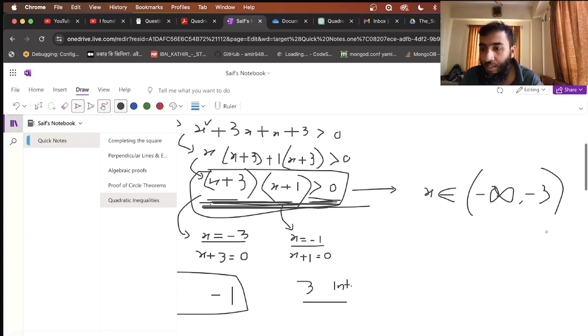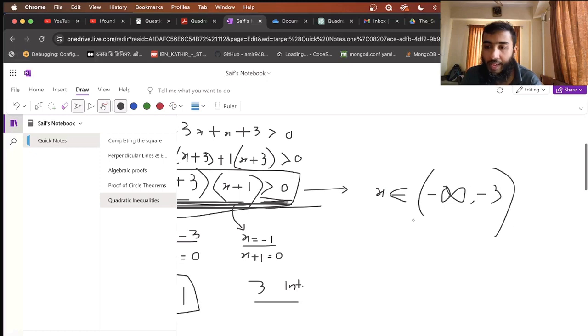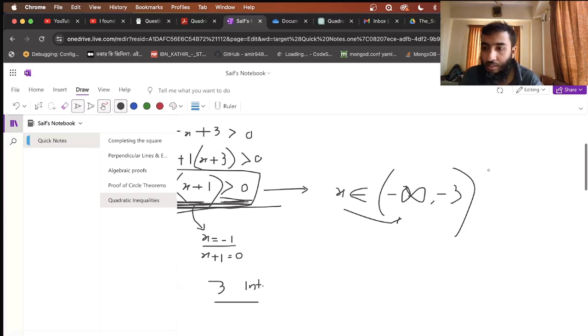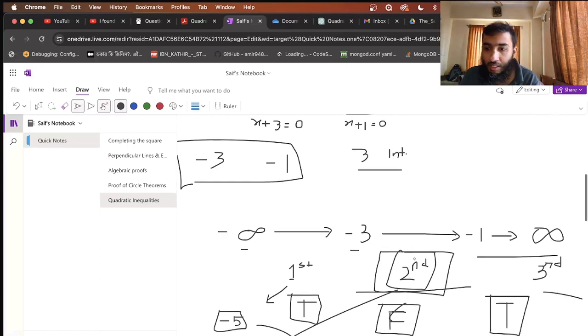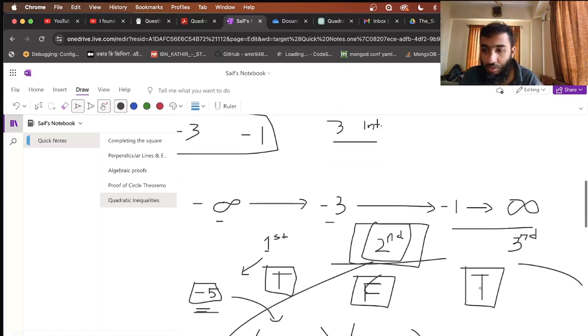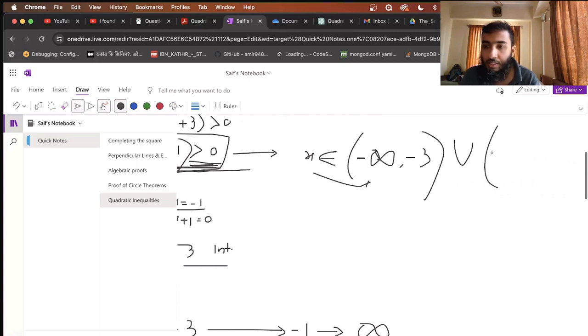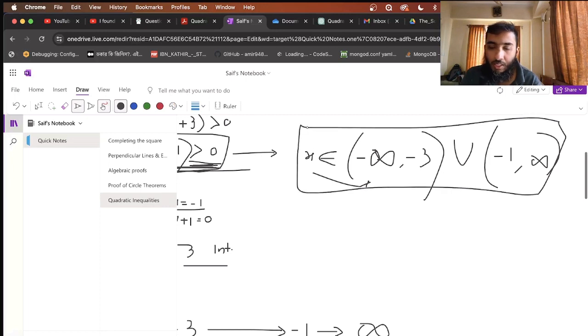If you take any value from this interval, this will solve. So x belongs to this interval, union, and if we omit the second interval, which is false, and take the third interval, which is true, the third interval is minus 1 to infinity. So this is the solution of the quadratic inequality.